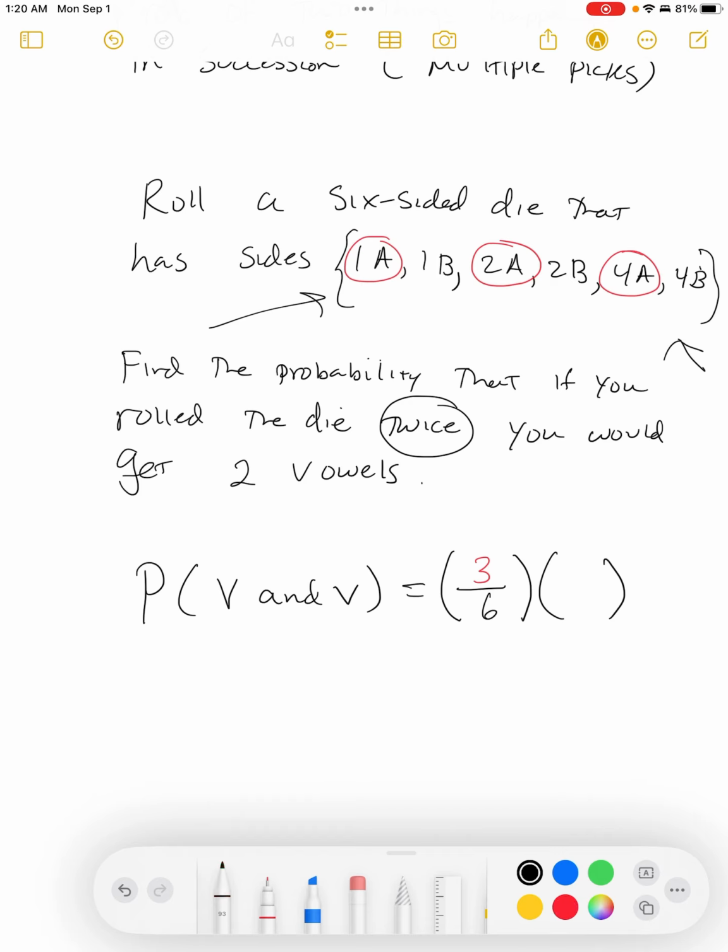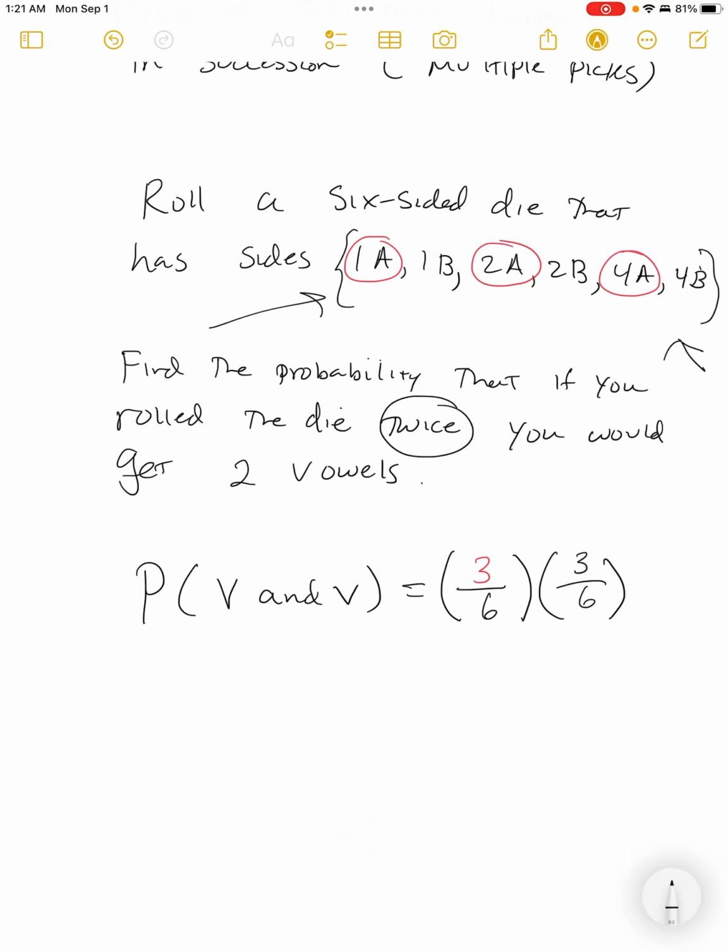So what's the probability when I pick that die up again that I would also get a vowel? And so I roll it again, and there's 6 different outcomes, 3 of which are vowels. Nothing changes because the events are independent of one another. What happened on the first roll does not affect what happens on the second, mainly because as I roll that die and something comes up, I pick that die up again, and I haven't lost any of the 6 sides.